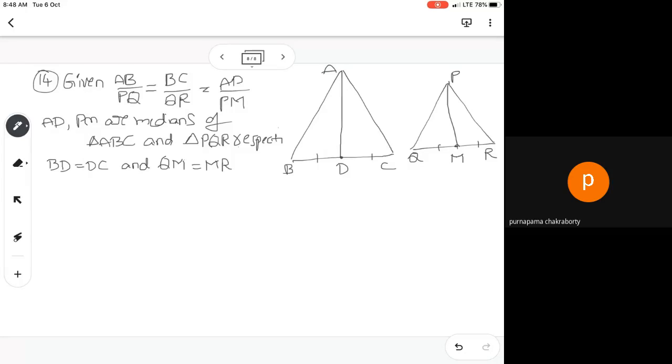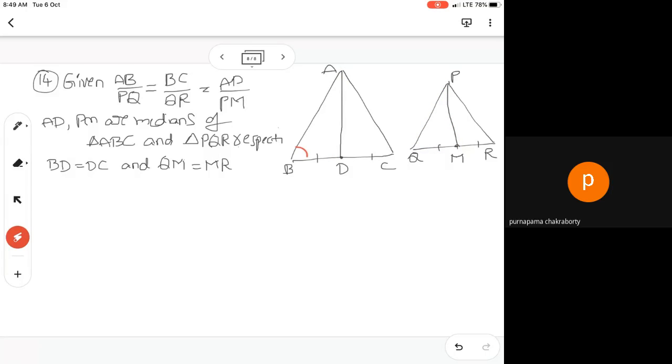Actually, what was given previously in the 12th problem, if you compare, AB, BC, PQ, QR was given. So when it is given, taking the ratio, halving it, BD came. Then this triangle and this triangle similar came.